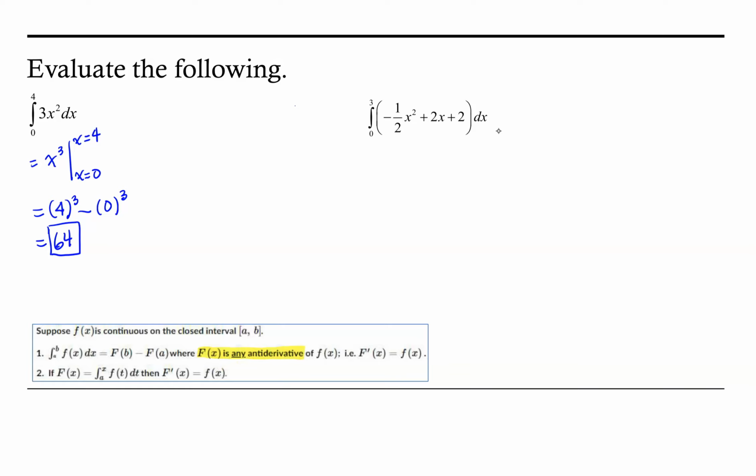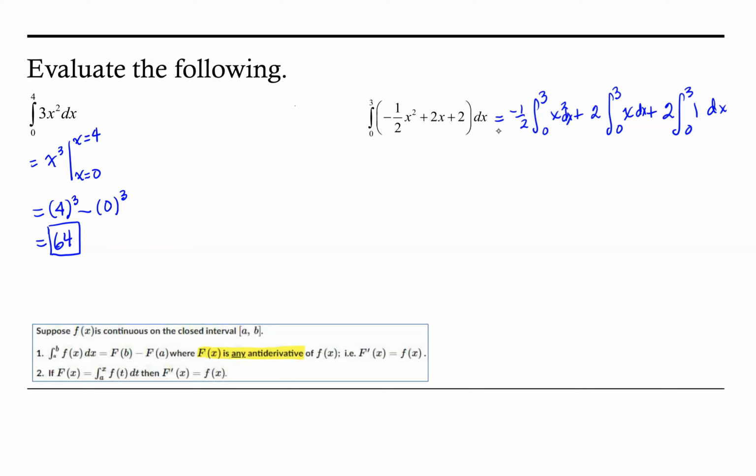What I mean by this is that I can look at this as negative 1/2 times the integral from 0 to 3 of x squared, plus 2 times the integral from 0 to 3 of x, plus 2 times the integral from 0 to 3 of 1, and I'm missing my differential on all of those, dx.